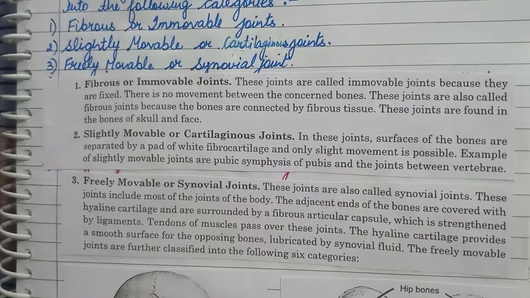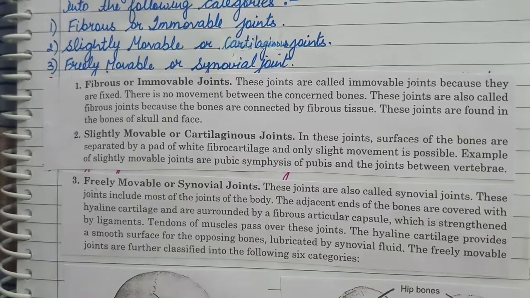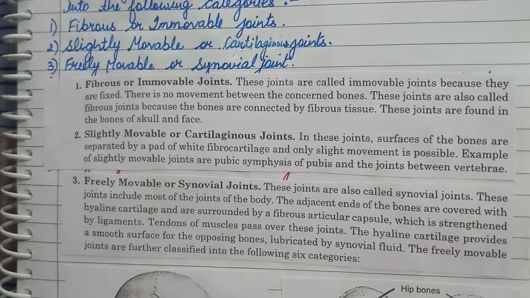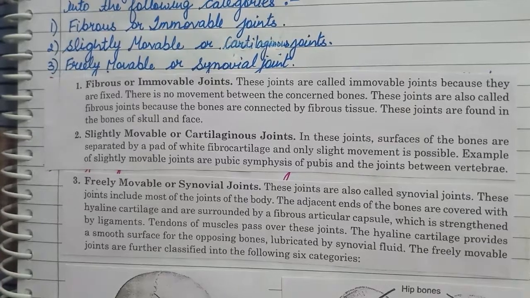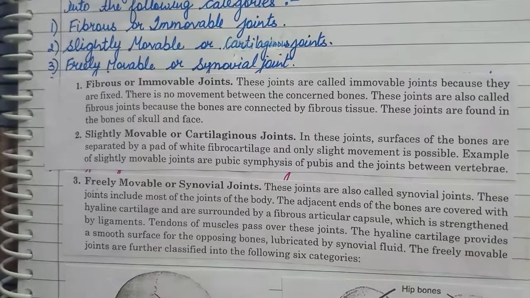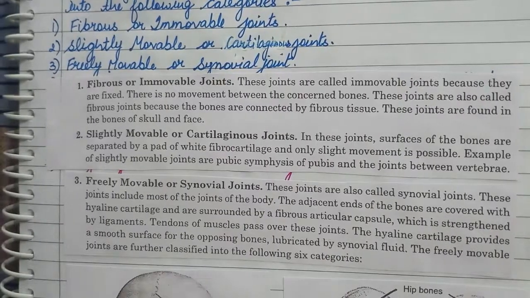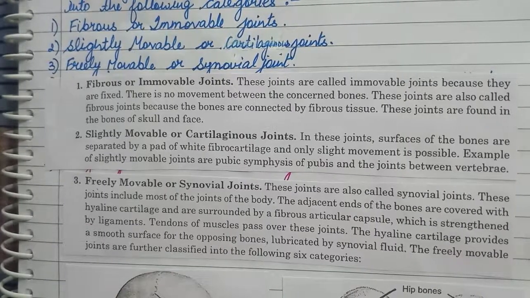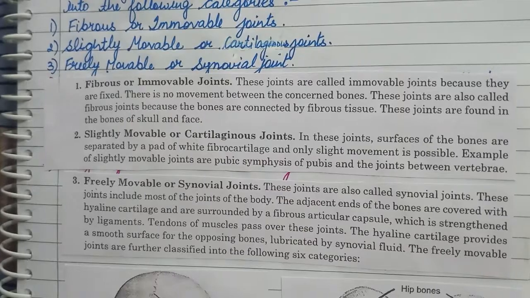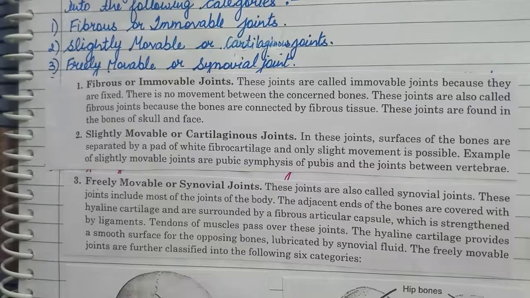Third, freely movable joint. Freely movable or synovial joints. These joints are also called synovial joints. These joints include most of the joints of the body. The adjacent ends of the bones are covered with hyaline cartilage and are surrounded by a fibrous articular capsule, which is strengthened by ligaments.